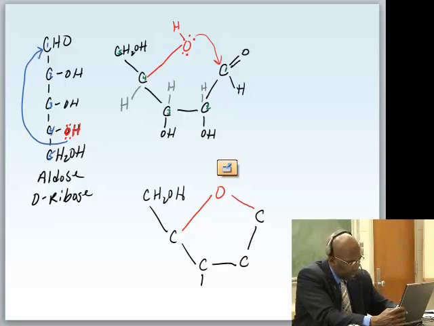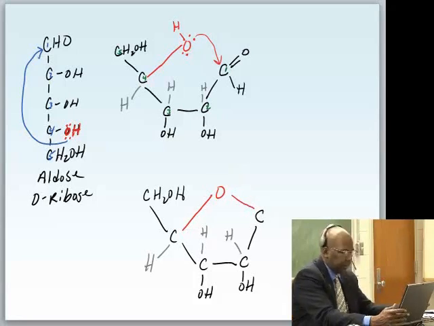And the OHs on ribose, they go down. And everywhere else is just the hydrogen. Hydrogen here, hydrogen here, hydrogen here.